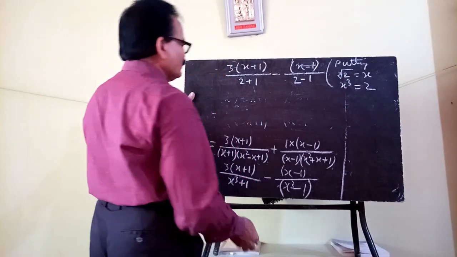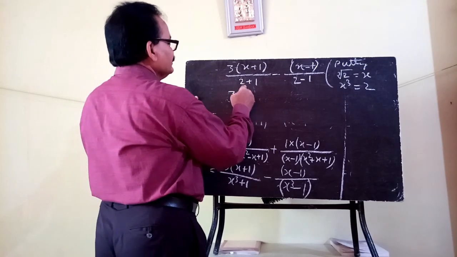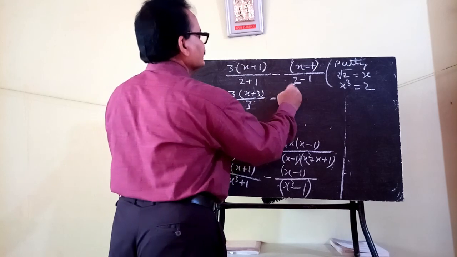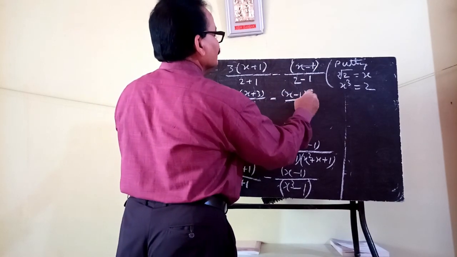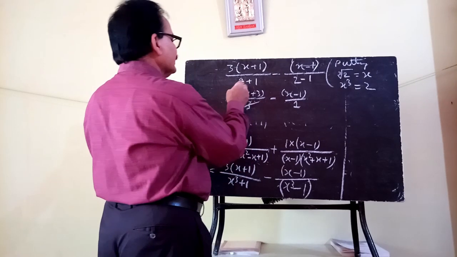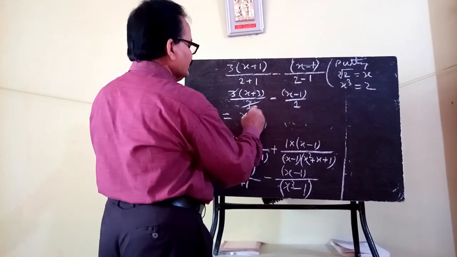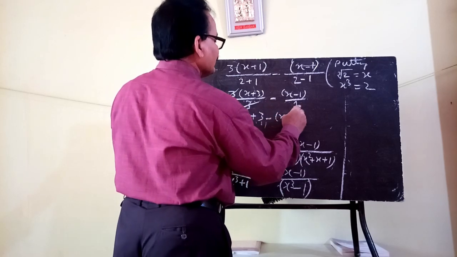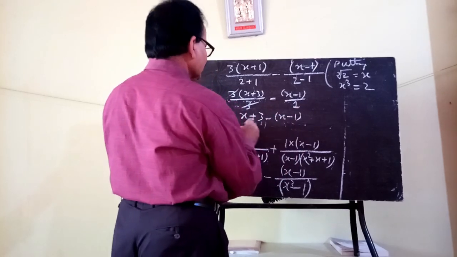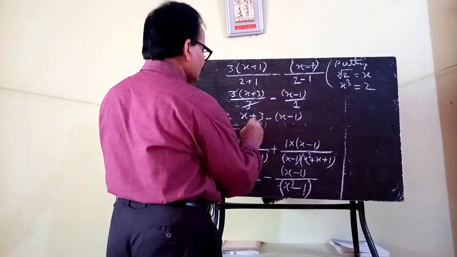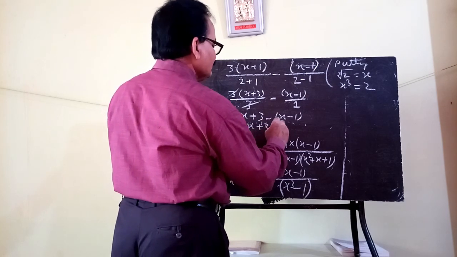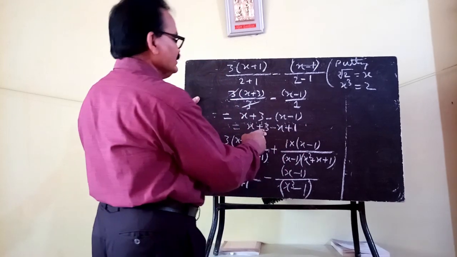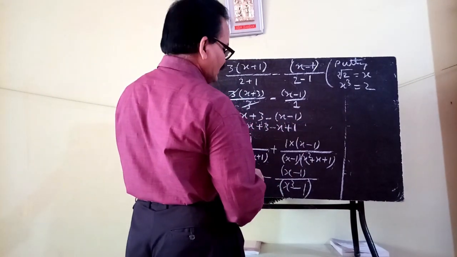Now after that what do we get? 3 into x plus 3 by 3 minus x minus 1 by 1. So 3 cancels. So this is x plus 3 minus x minus 1. Okay. So after removing the bracket, this is x plus 3 minus x plus 1.